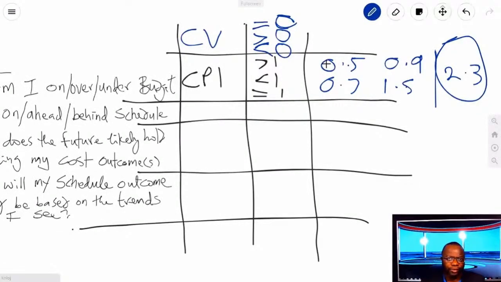Greater than 0 means that you are in good standing, but we need to see how good in relation to the budget. So for example, if your CV equals $1, that means you are $1 under budget. That means you've done work and you've got $1 spare money.